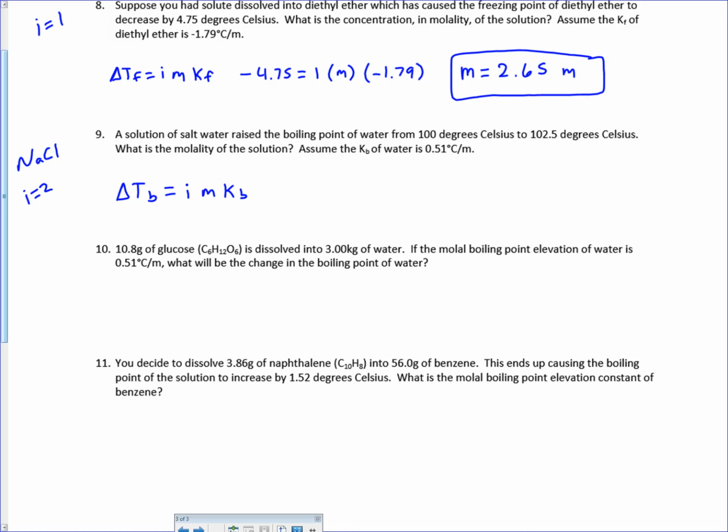So we know 2.5, that's our change in temperature, equals the Van 't Hoff factor of 2 times our molality times 0.51. From that you find m equals 2.45 molal.